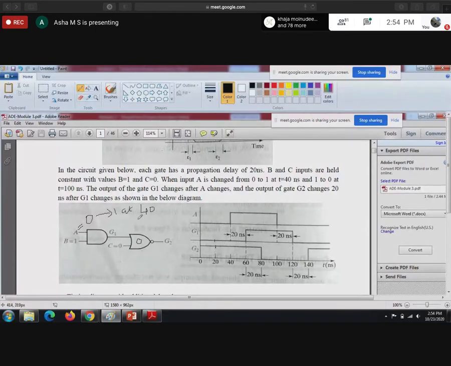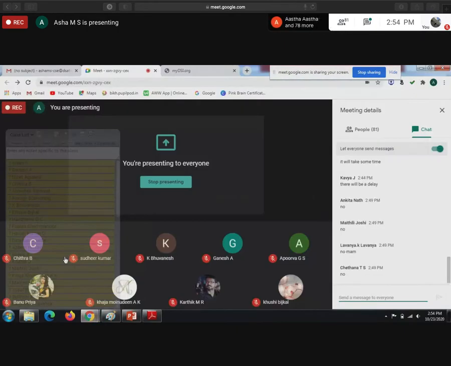But at what time is it going to change? It is going to change at 40. So for the remaining 20 nanoseconds, things will be as they are. The next 20 nanoseconds, the waveform will be the same as the previous 20 nanoseconds. Are you clear till here?